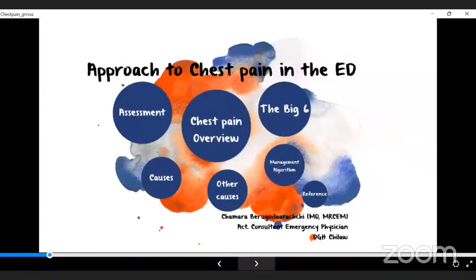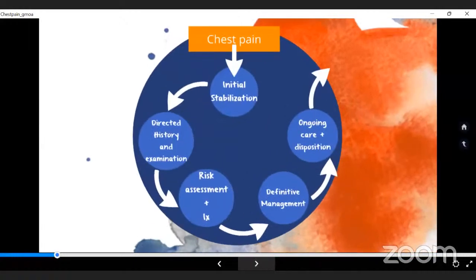Now, assessment of chest pain. Let's see how you approach a patient coming with chest pain. I think so far from all our presentations done by the Emergency Medicine College, you have some idea about the initial approach or the systematic approach of treating a critically ill patient on their initial presentation.